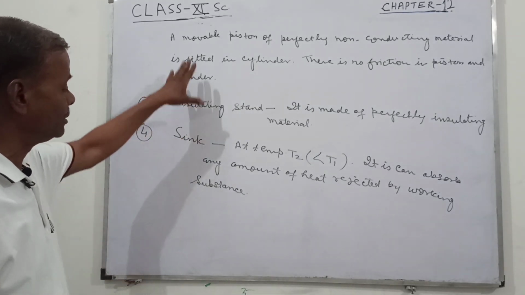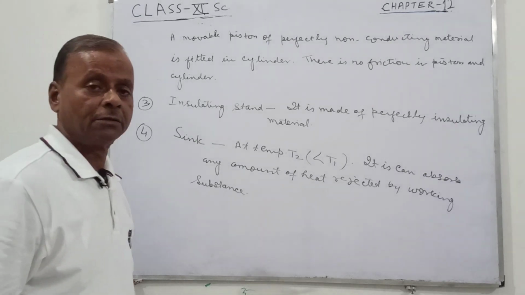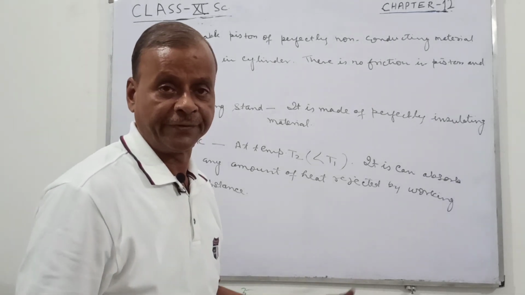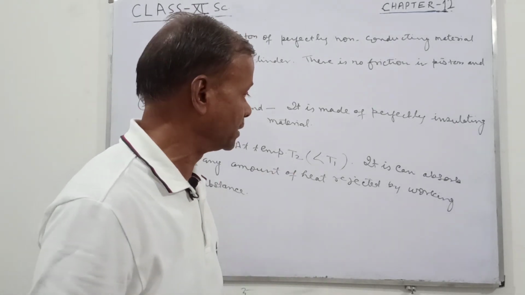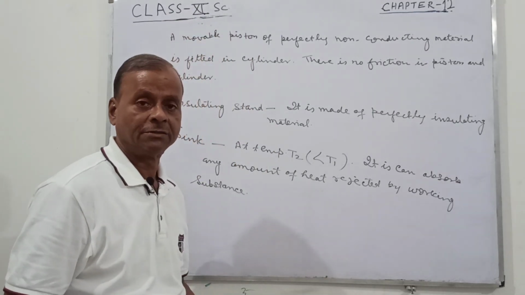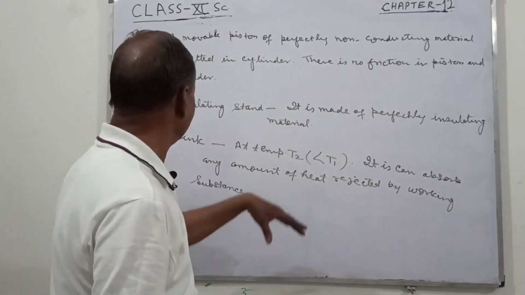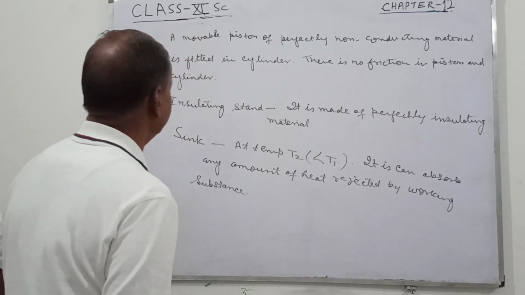So you see that all things here, they are ideal ones. Perfectly conducting, perfectly non-conducting, frictionless. So these are all the 4 parts of the heat engine.